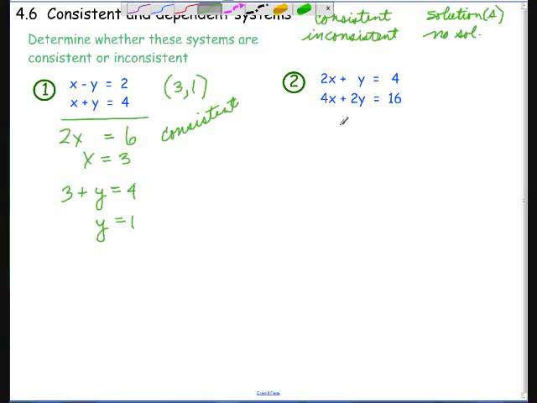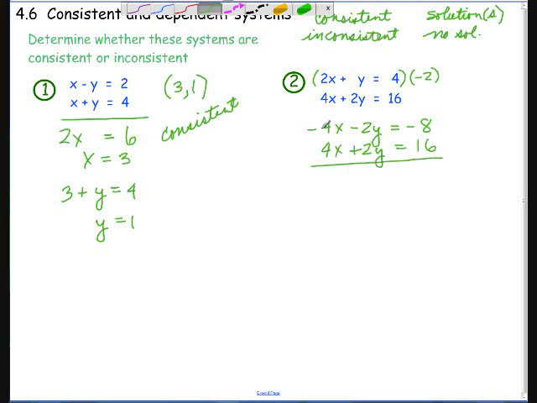This one, let's try it. This one's not quite as straightforward. I'm going to have to do a little multiplication. And I'll multiply this by -2. And when I do, I'll get negative 4x minus 2y equals -8. And here I'll have 4x plus 2y equals 16.